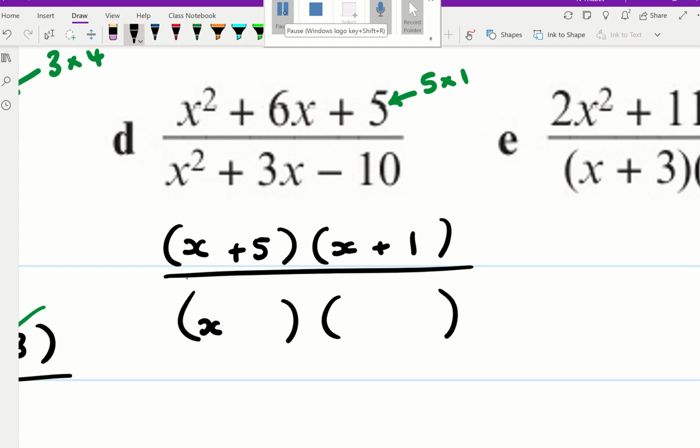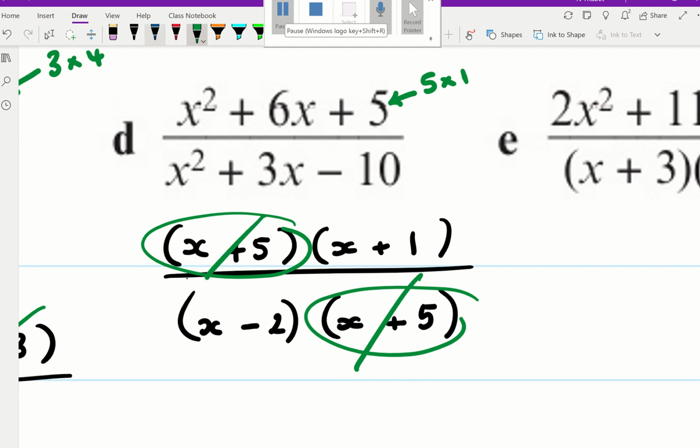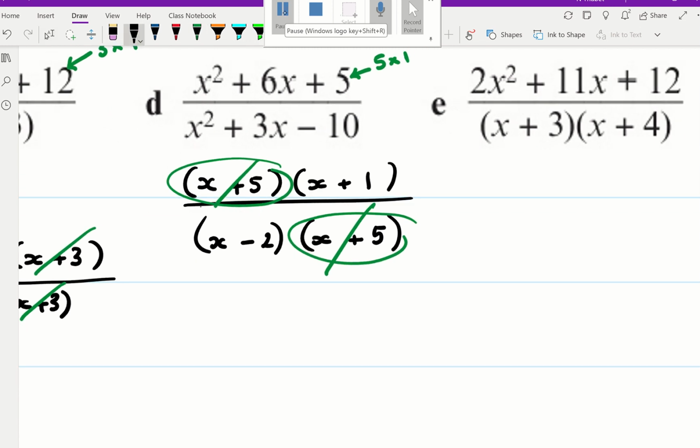So I've got x and x, 2 and 5, and this is a negative 10, so one of them is plus, one of them is a minus, and I want a positive 3, so the 5 has to be the bigger one. Plus 5, take away 2. And the 5 had to be the plus because here's the common factors. I cancel them out, and I am left with x plus 1 over x minus 2.